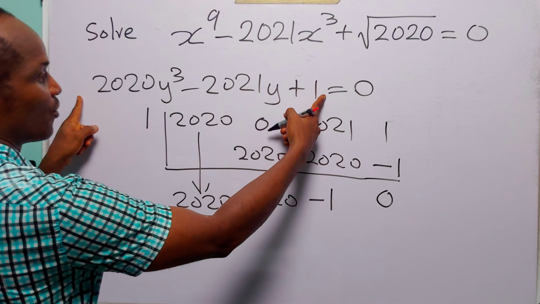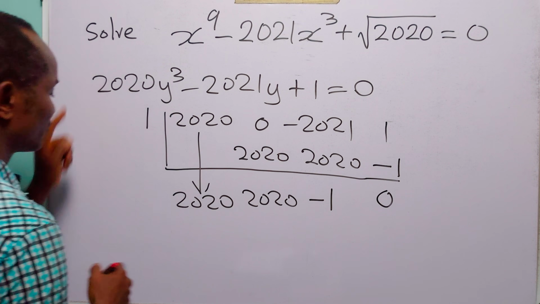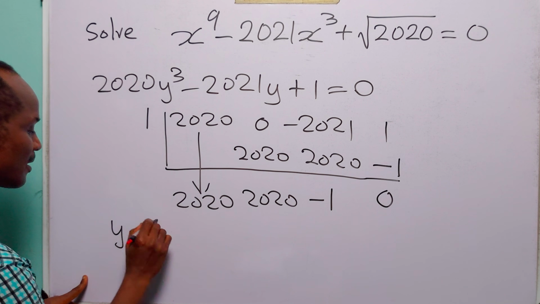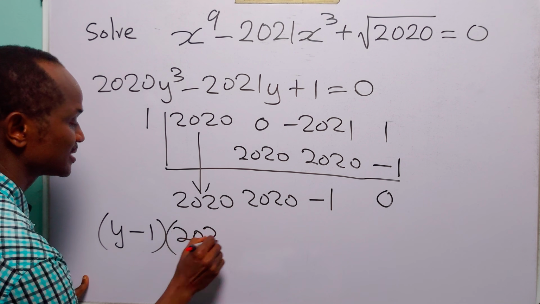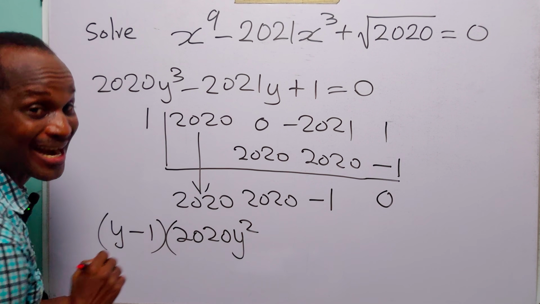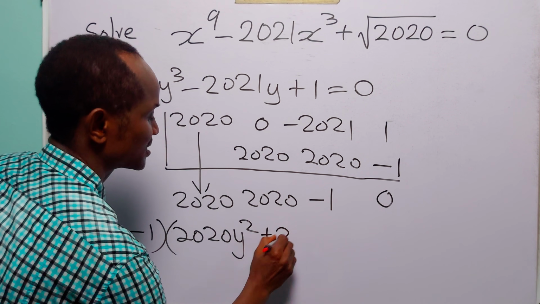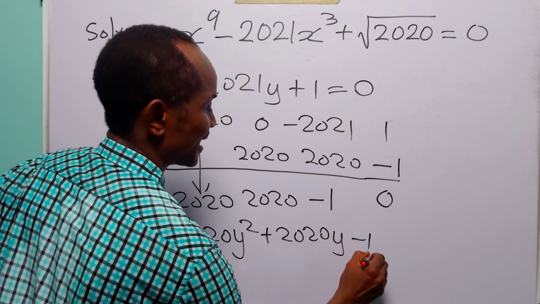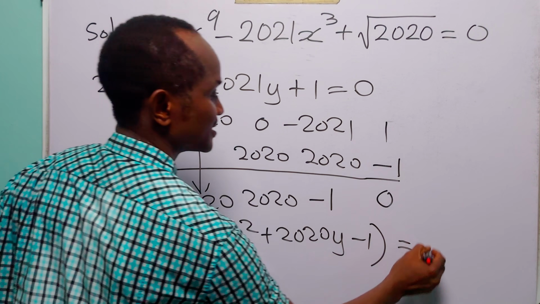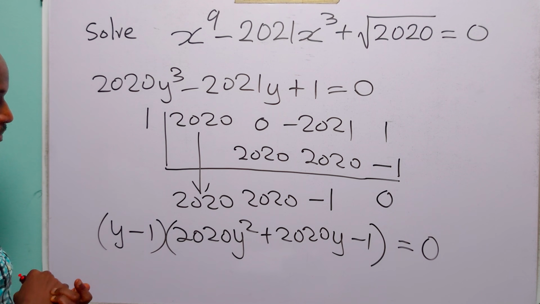So, when we factorize this, we have y minus 1 multiplied by 20y squared plus 20y minus 1. And of course, this is equal to 0.